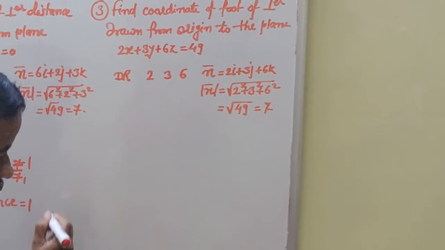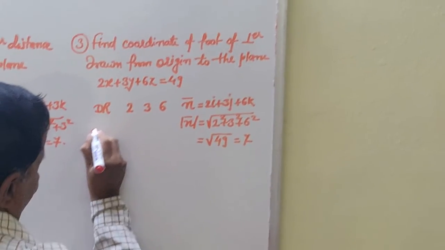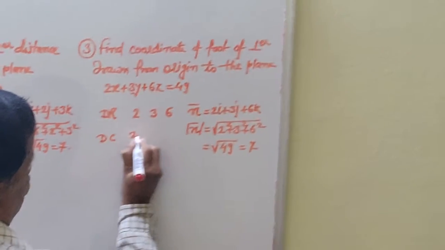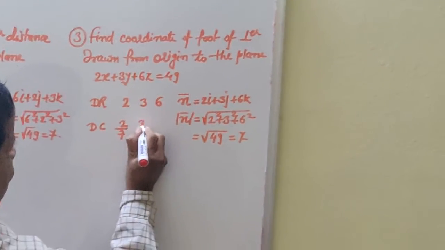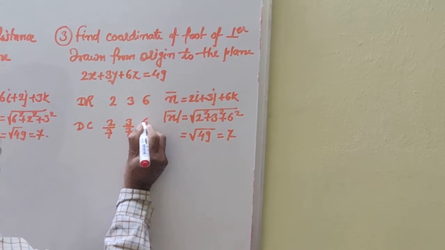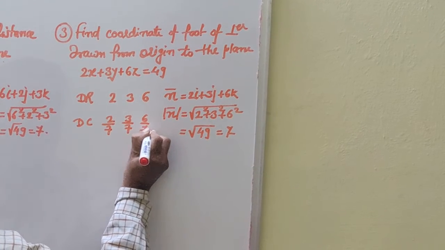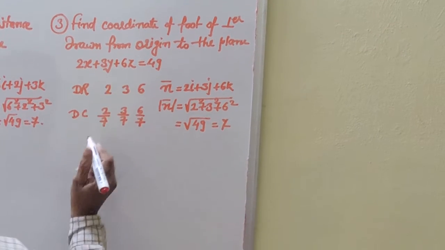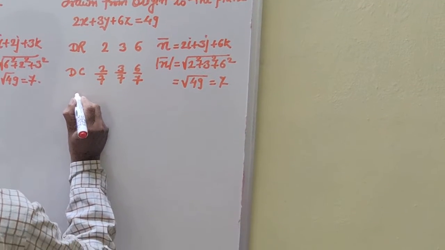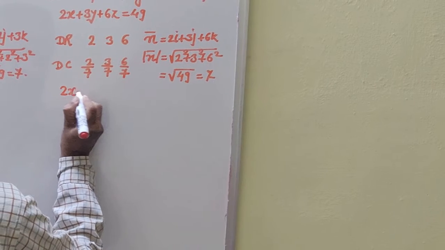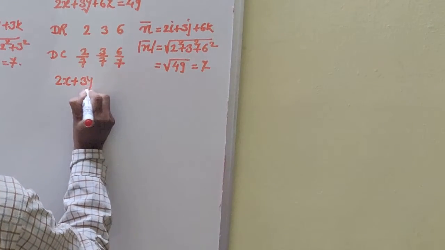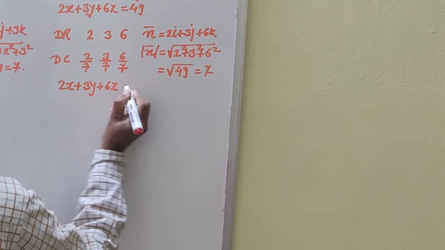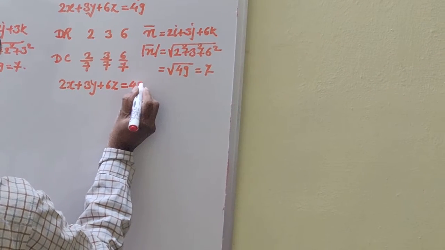My direction cosines will be 2 by 7, 3 by 7 and 6 by 7. Now I will divide this equation by 7. The equation of the plane is 2x plus 3y plus 6z is equal to 49.